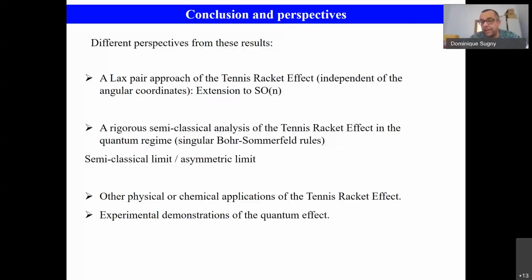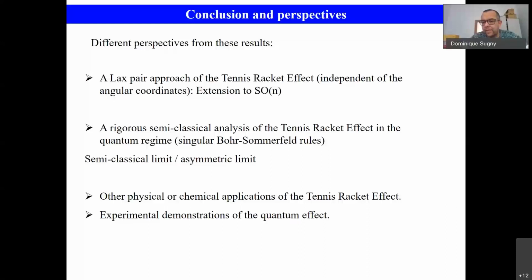In general, the idea is to send another laser on the sample and change either the polarization of the laser or the position of the molecule, and from this change you can deduce the final values of the Euler angles. But this experiment is not straightforward at all, and it's very difficult to realize, I think.